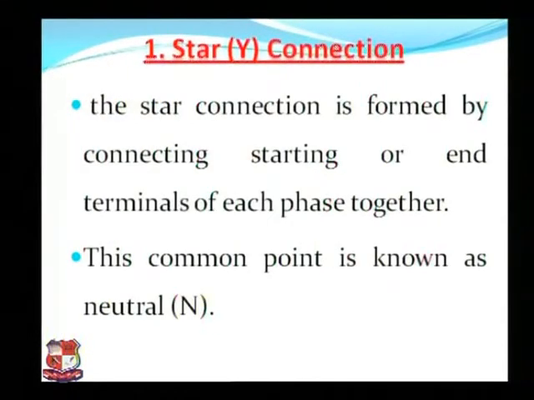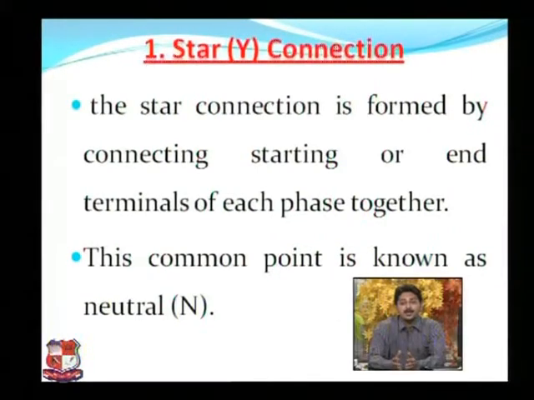Now the Y connection is formed by connecting the starting or the ending terminals of each phase together. This common point is known as the neutral. Each phase's starting point is connected with the source side, and the other terminal of each phase is connected to the same point, which is known as the neutral point.